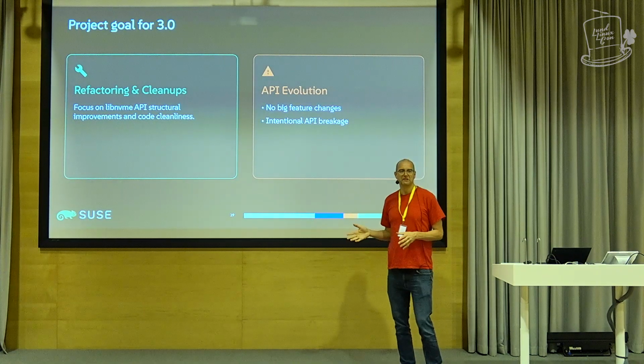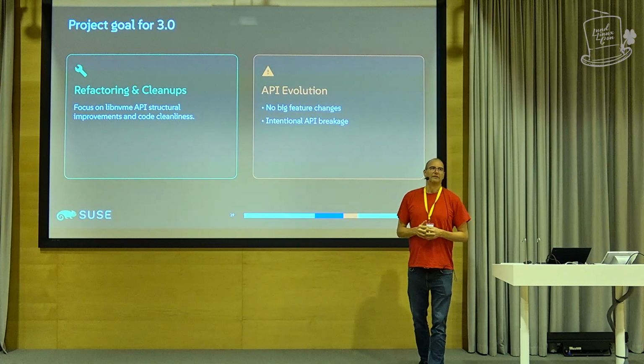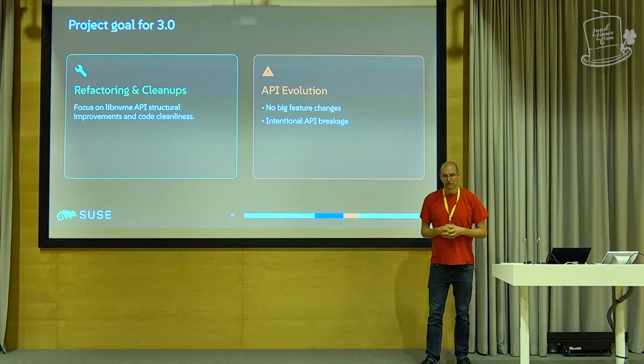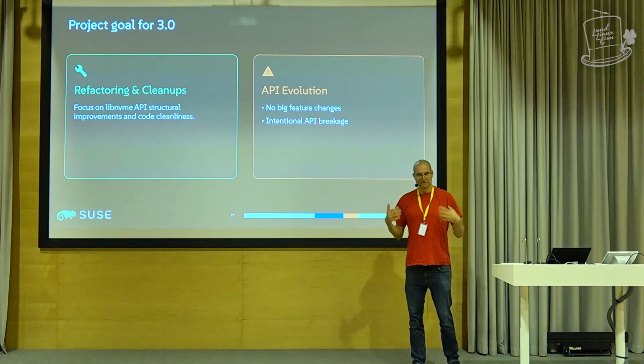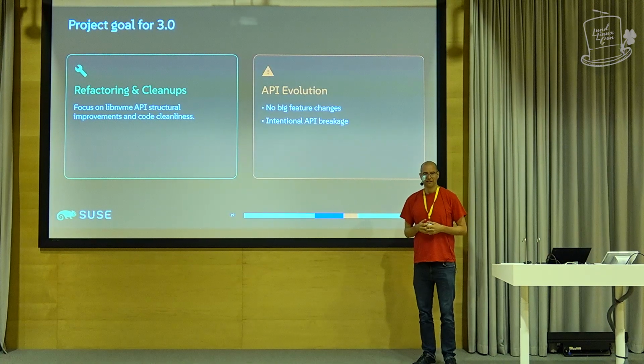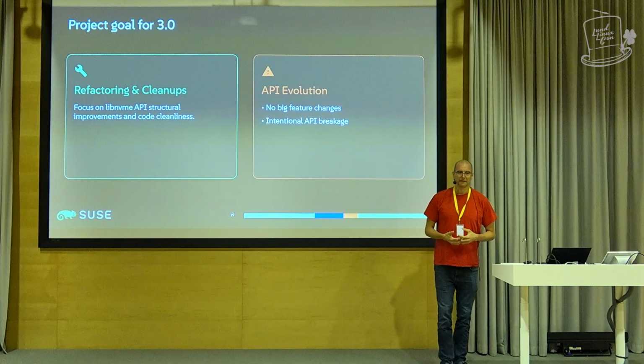Basically, if you use nvme-cli, it should be the same thing with version 3. Not that many new features were planned, but suddenly life happens, so we have a few new things coming along. And as I said, we're going to break the library interface, basically.